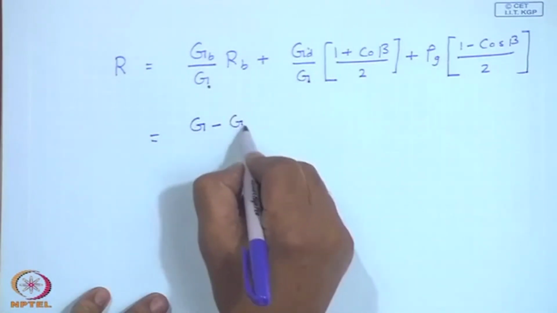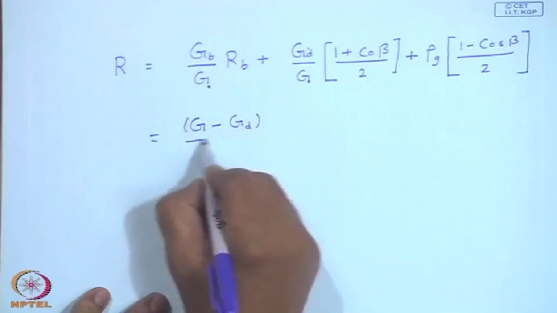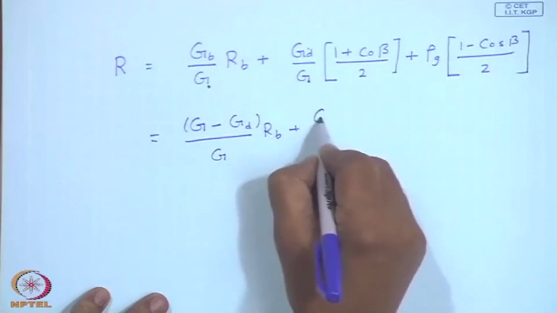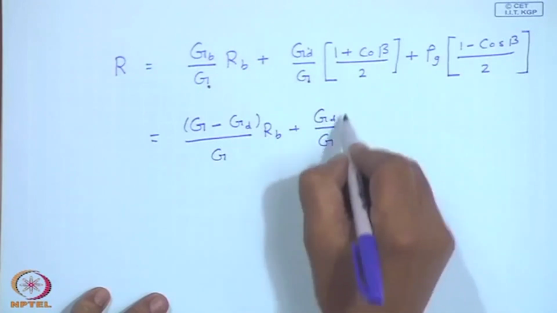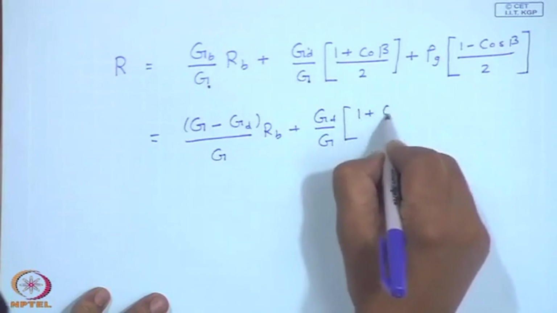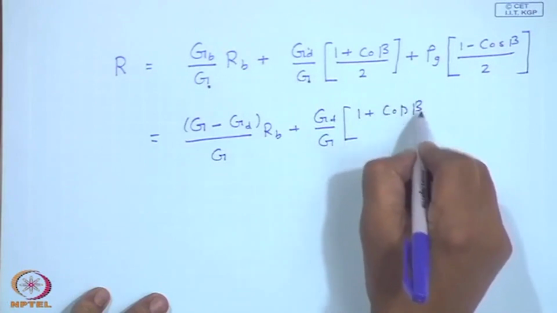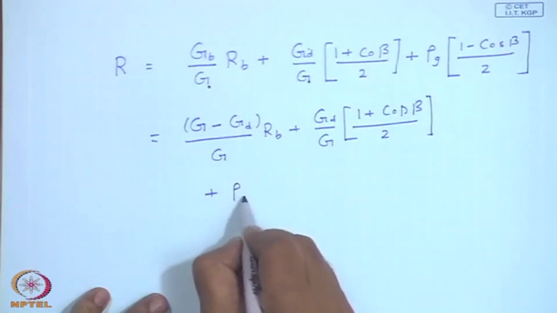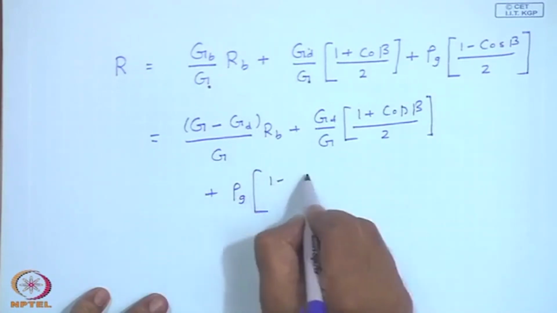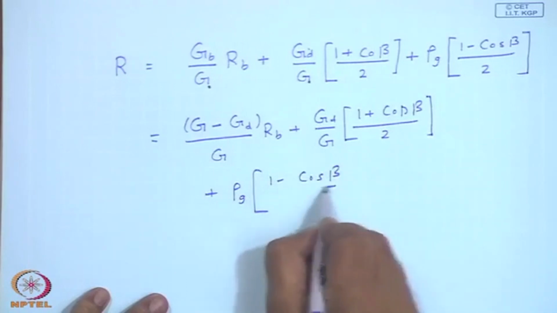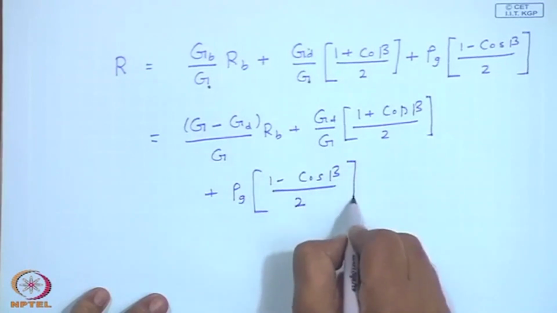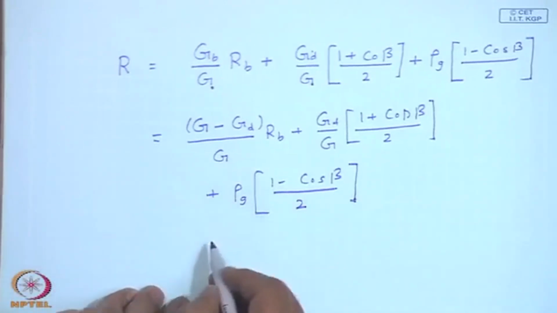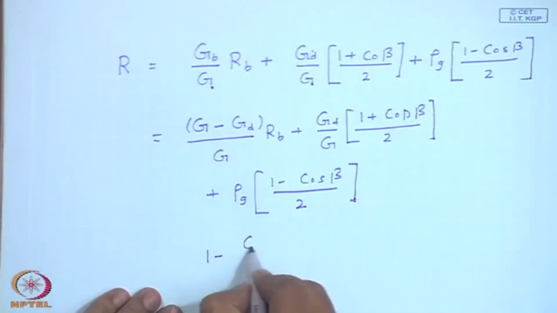This can be again written as G minus GD by G times RB plus GD by G times 1 plus cos beta by 2 plus rho G 1 minus cos beta by 2.